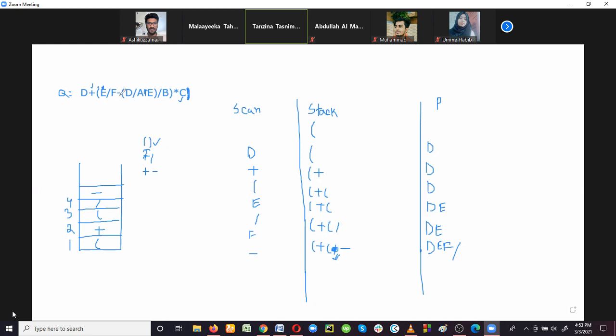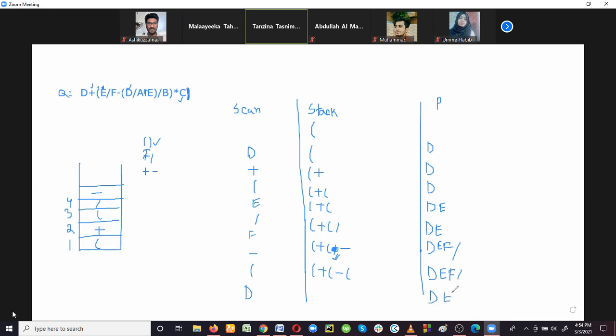Now the next one is a left parenthesis, just add it onto this stack. So the stack has four operators: parenthesis, plus, parenthesis, minus, and another parenthesis, and the postfix notation has DEF, then division. After that we got another operand, that is D. So it's going to be stored at the end of the postfix notation.